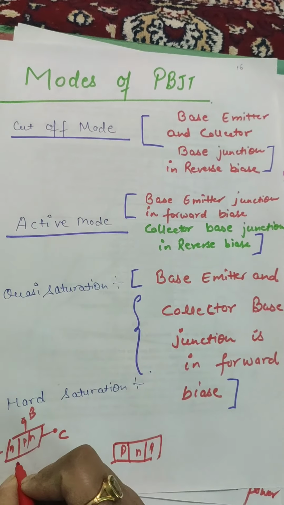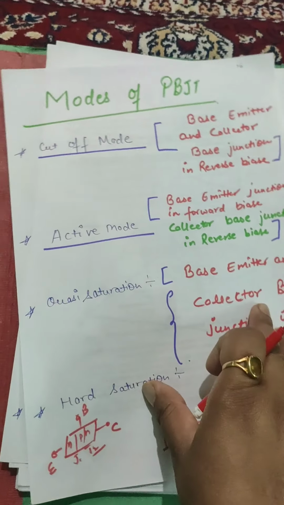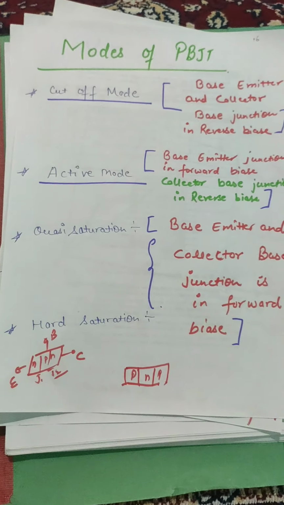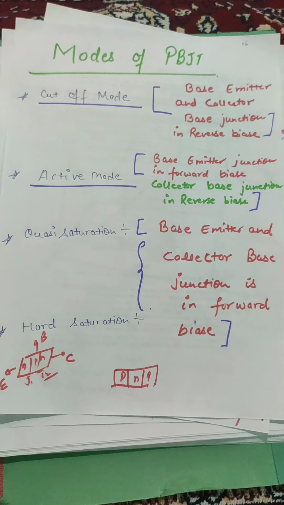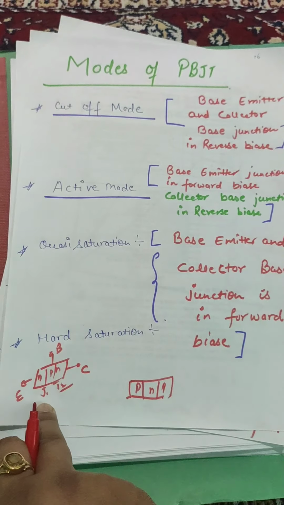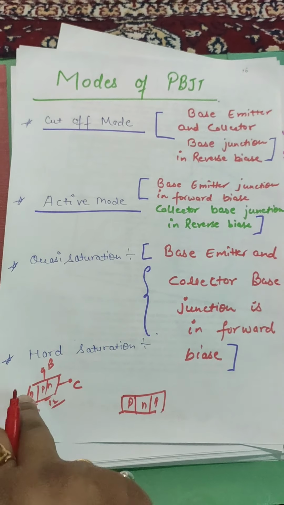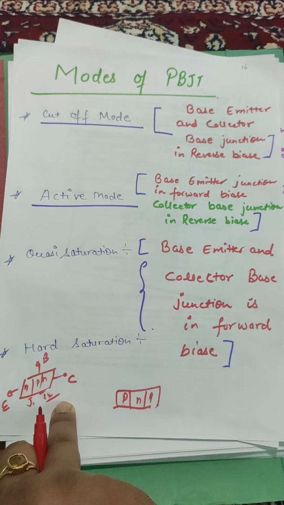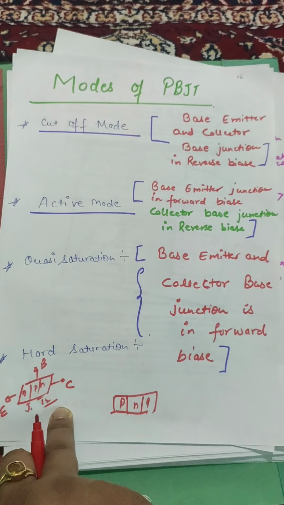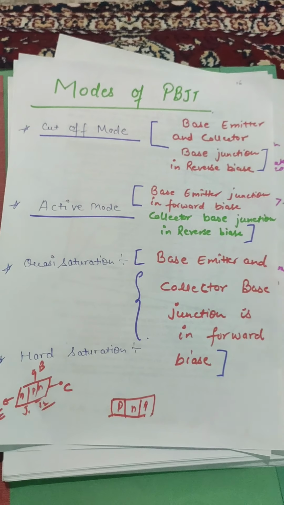With base emitter J1 and J2, if both junctions are reverse biased, that is called cutoff mode. Active mode is when the base emitter junction J1 is forward biased and the collector base junction is reverse biased. One junction is in forward bias and one is in reverse bias. So that will be active mode. And saturation mode is when both junctions are biased in the same direction.